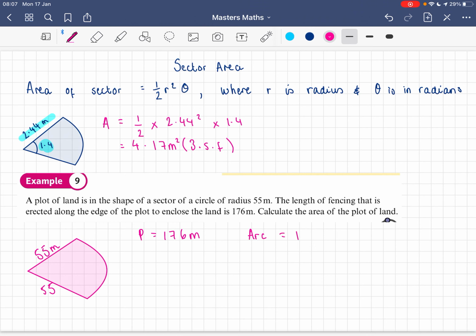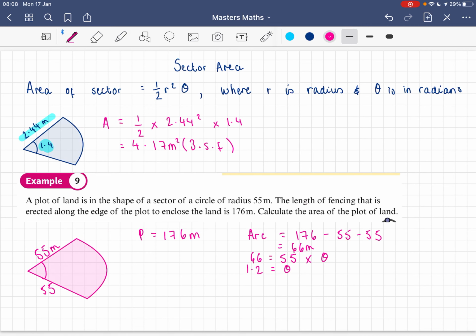The arc length would be 176 minus 55 twice, so minus 110, which is 66 meters. That's the arc length. We know the formula for arc length is the radius times the angle. So 66 is equal to 55 multiplied by theta. Divide 66 by 55 and that gives us 1.2 as the angle.